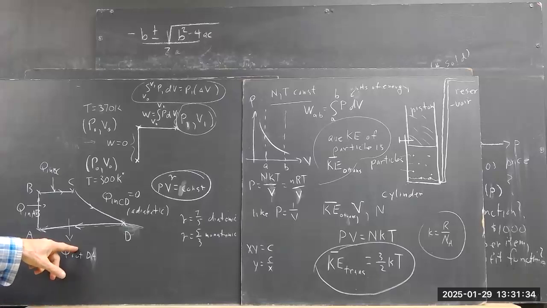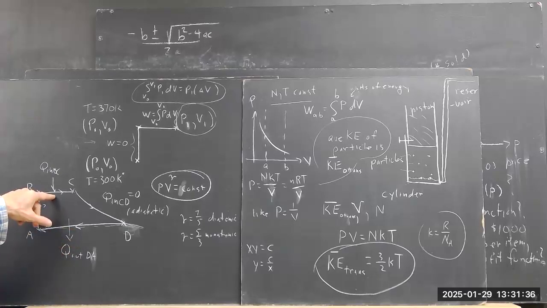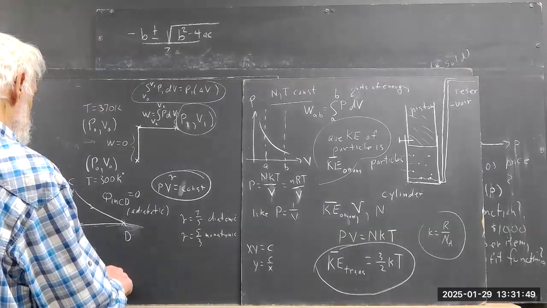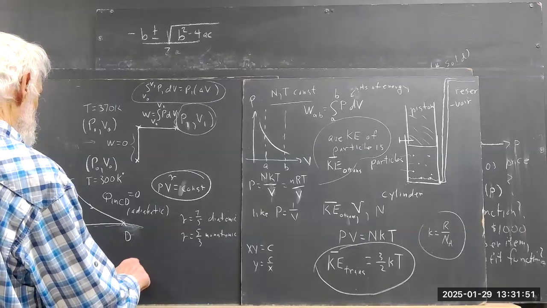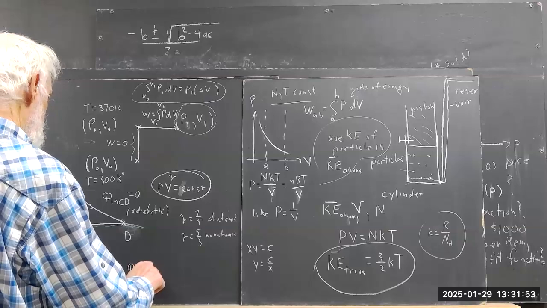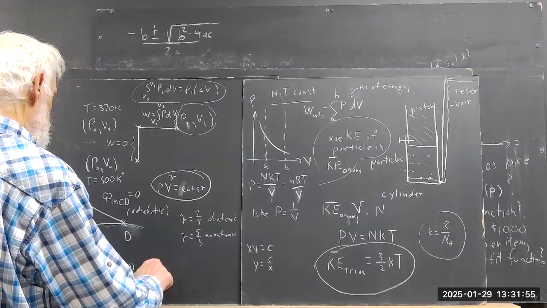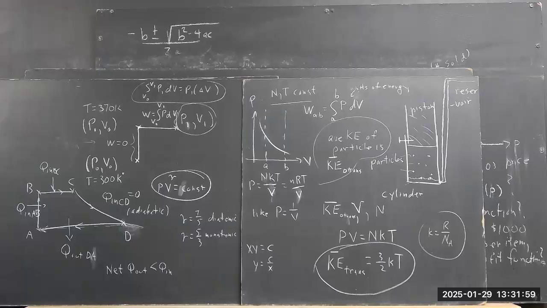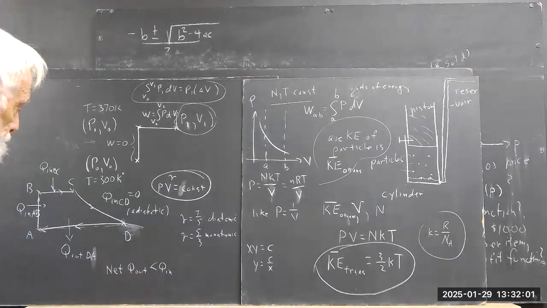Okay. And the heat you take out here is less than the heat you had to put in to get from state A to state C and do the mechanical work. Difference?